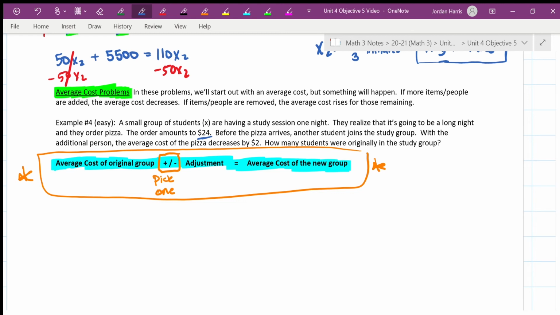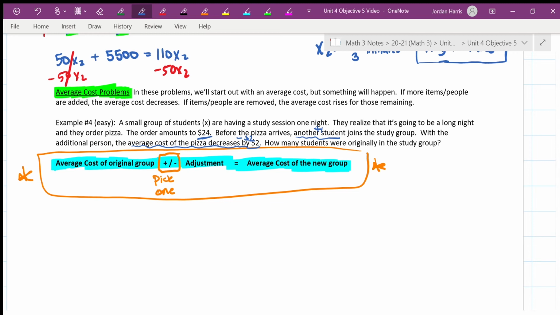Okay. Before the pizza arrives, another student joins the student study group. One more student, so they add one student. With the additional person, the average cost decreases by $2. So we lost $2. How many students were in the original group?